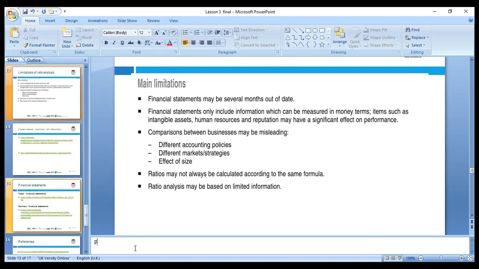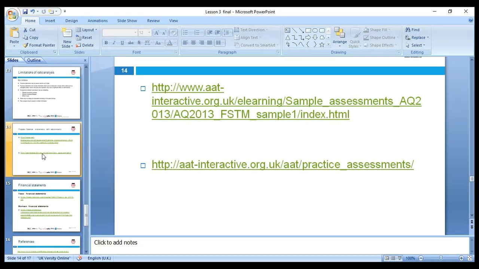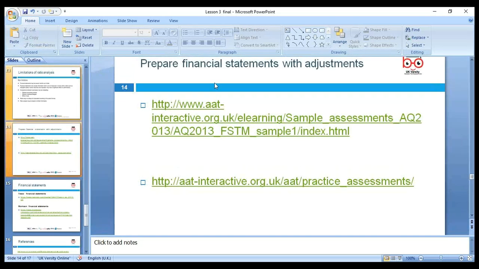We need to look at other factors, like PEST analysis, which some of you learn in other units as well: political, economic, social, and technological. Also, if we are comparing a big company with a small company, their ratios can be different, and if there is a different season in different companies, they can't give the true result. So we need to look at that as well.